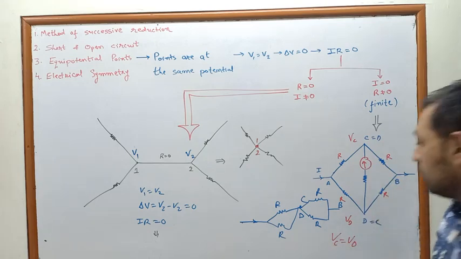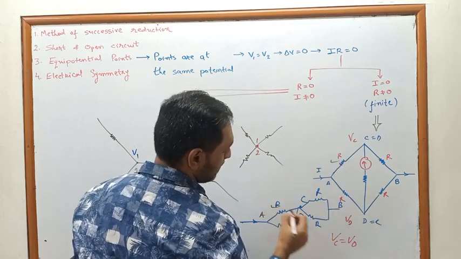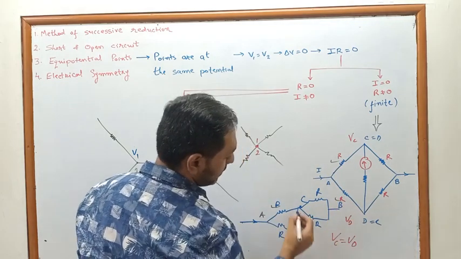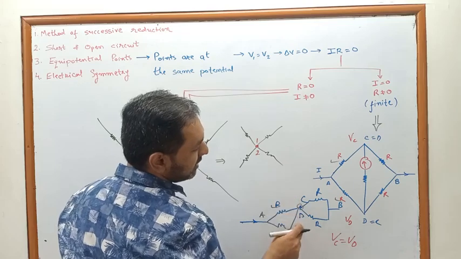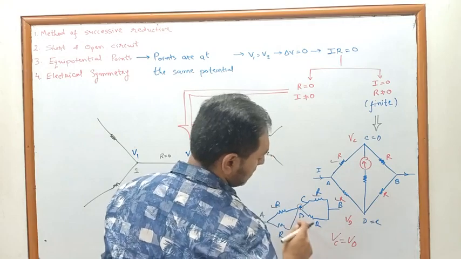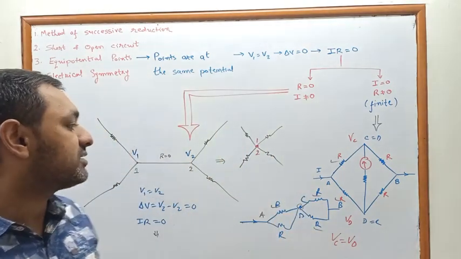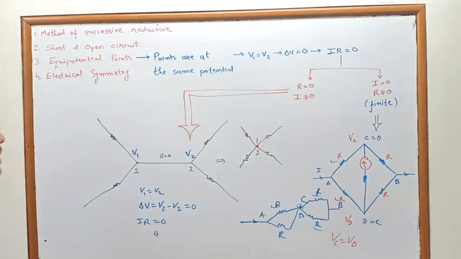So what I have done is, over here you have point A, R, point A, R, and D. Here I have joined C and D, then C to B, R, and B to B, R. So R by 2 and R by 2, equivalent resistance will be R. This is our third method, equipotential points. Now we will discuss some more numericals based on these three.